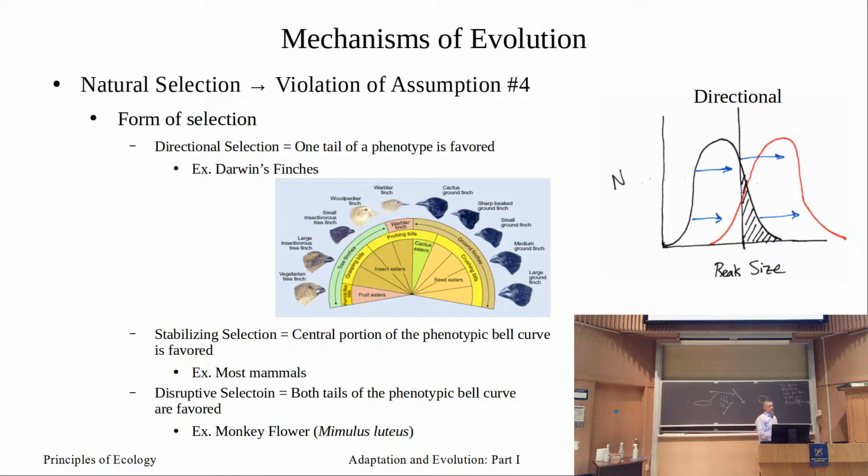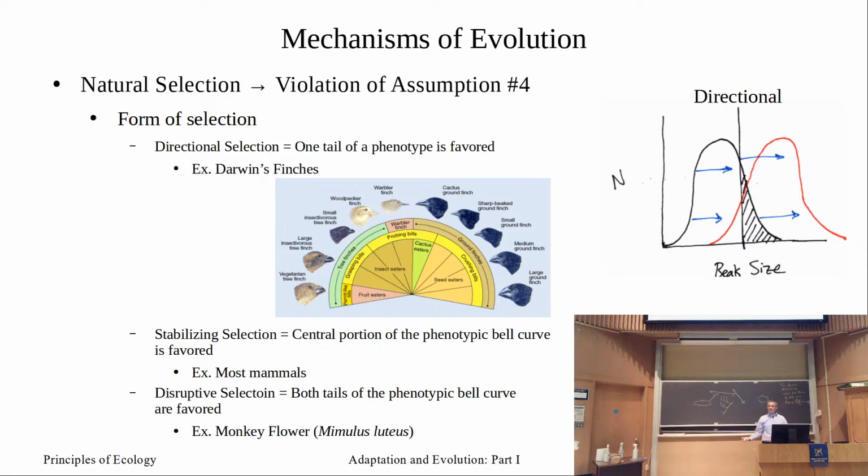All right, so start with directional selection. Directional selection is a situation where one tail of our phenotype is favored. You have to remember, we introduced Hardy-Weinberg with a very simple case where a single locus defines our trait. That locus has a dominant allele and a recessive allele. Simple, right? Very easy to conceptualize.